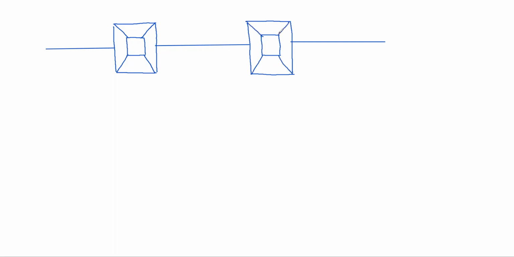So next, write fixed moments here. Minus 10, plus 10, minus 12, plus 12, minus 16.875, 5.625. That means this is A, B, C, D joints.